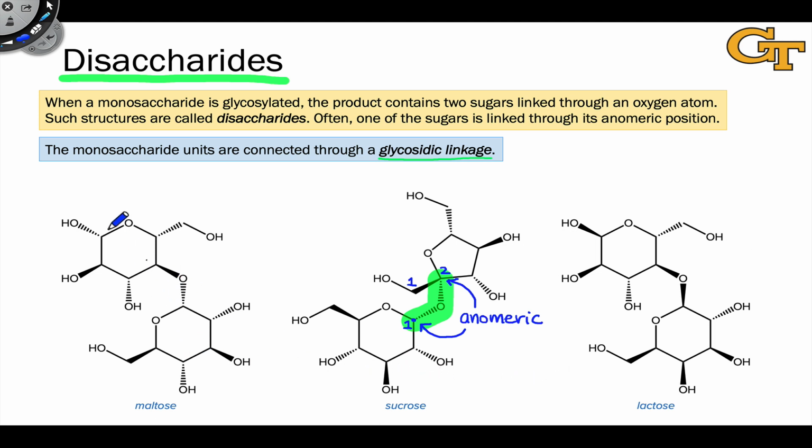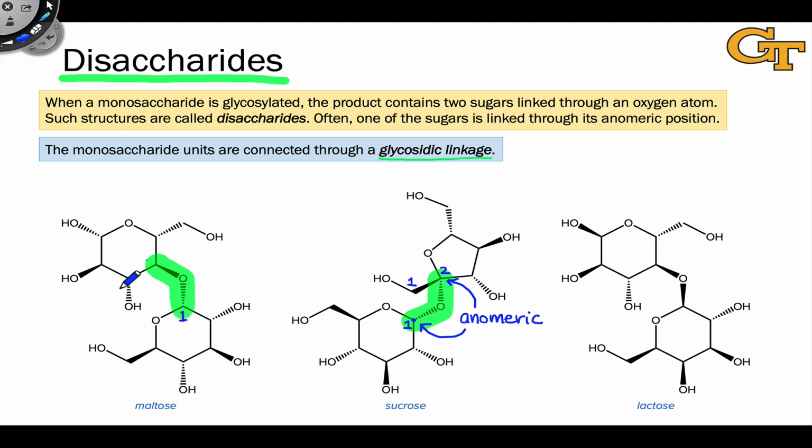Let's move now to maltose, which is a disaccharide consisting of two glucose units. The glycosidic linkage in maltose is found here, and again, I think it's helpful to number the carbons involved in the glycosidic linkage. In this glucose unit, we can see that the carbon involved is part of an acetal, and therefore it is the anomeric carbon, or carbon 1.